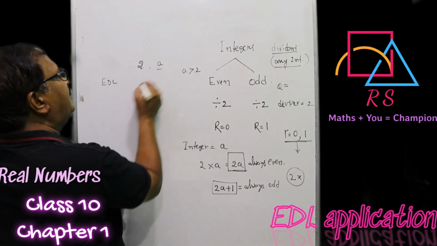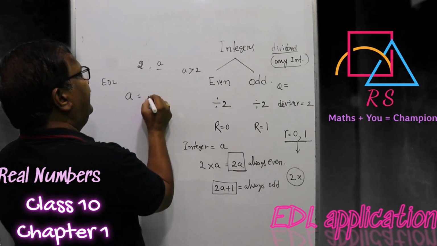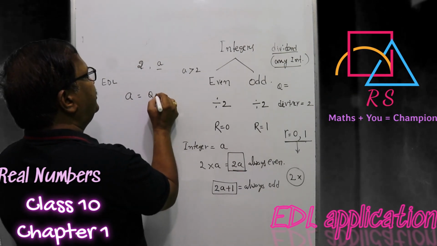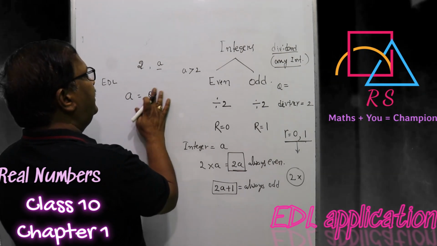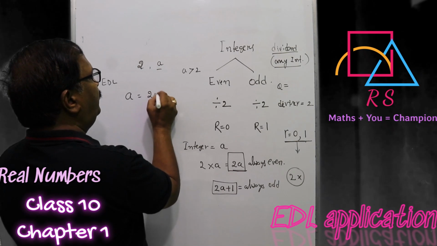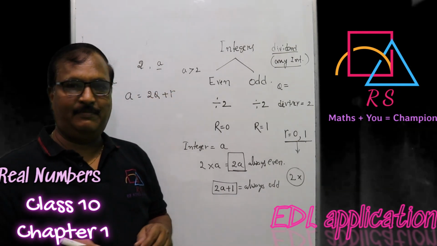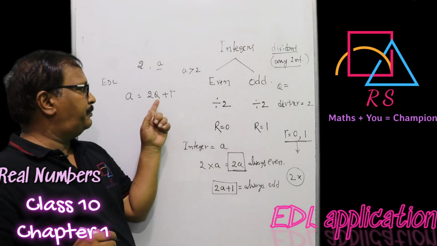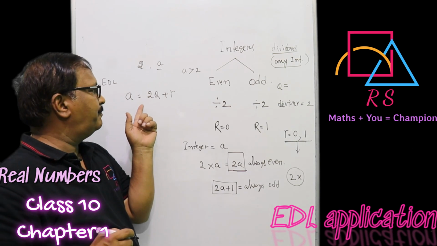Dividend A is equal to quotient into 2, Q is quotient, so 2Q plus remainder. This is EDL, Euclid division lemma.